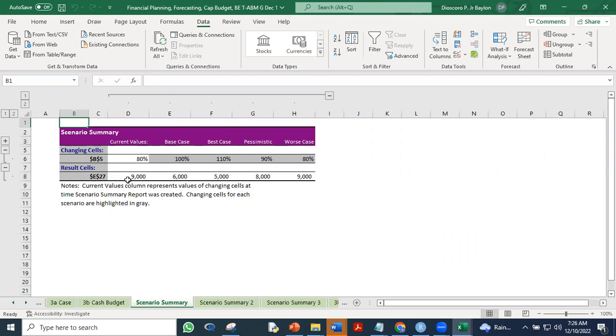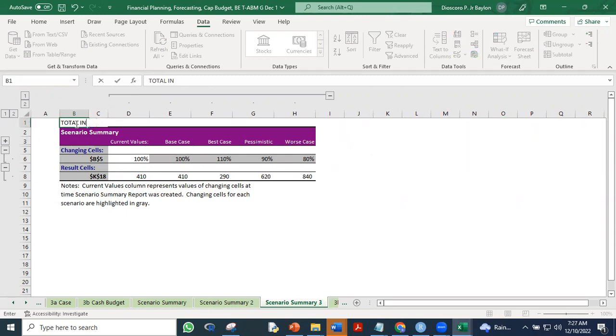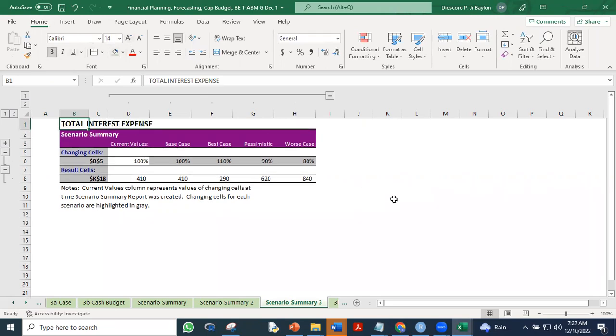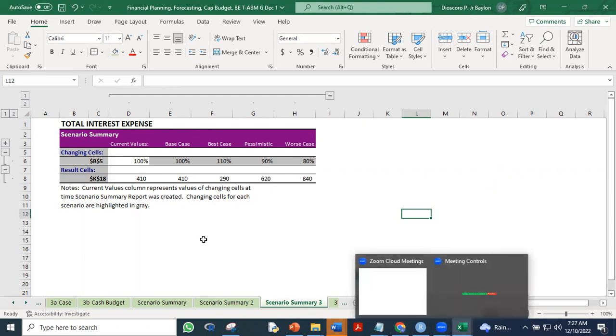I think for the first one, we should have written here total interest expense, so that we know what the scenario manager is.